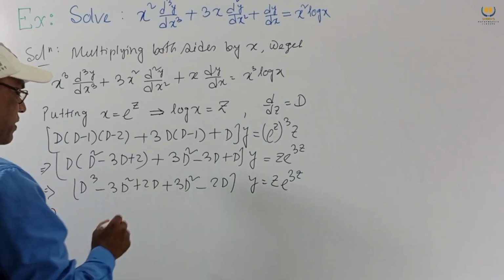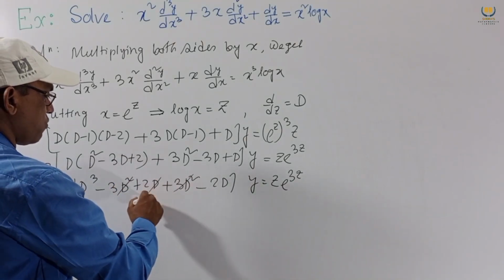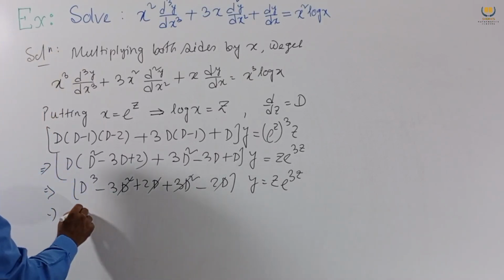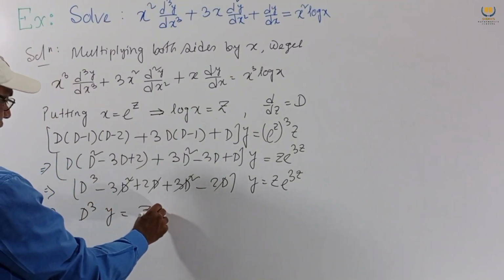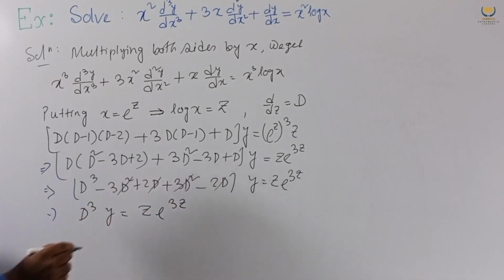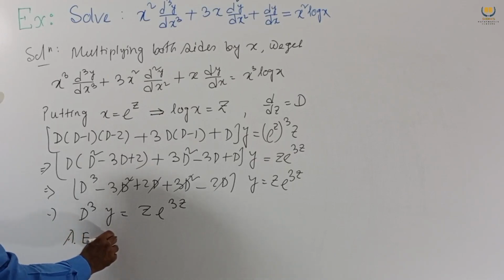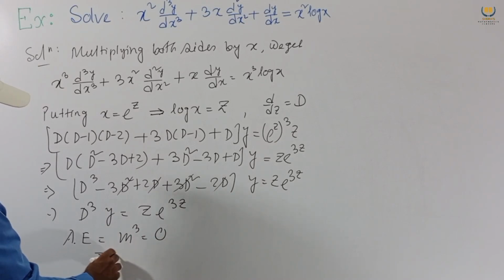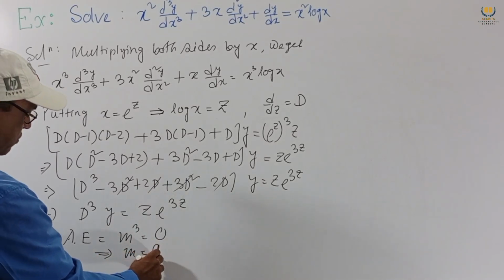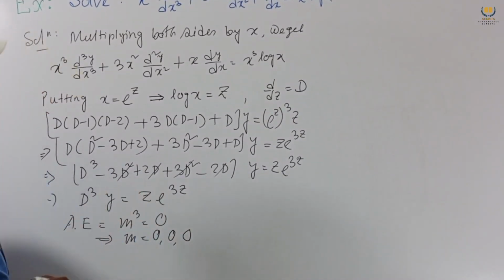And all the terms will be cancelled. This cancels, 2D cancels. We get D cube y equal to z e to the power 3z. So auxiliary equation is m cube equal to 0. This implies m equal to 0, 0, 0.